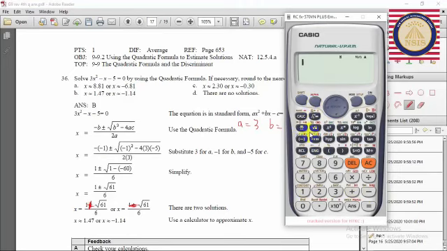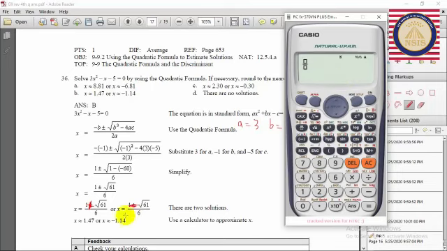Make it first. You're making like this first. 1 plus square root 61 over 6, and make S to D. So it will be what? 1.4. 6 will be approximated to be 7. Very good.